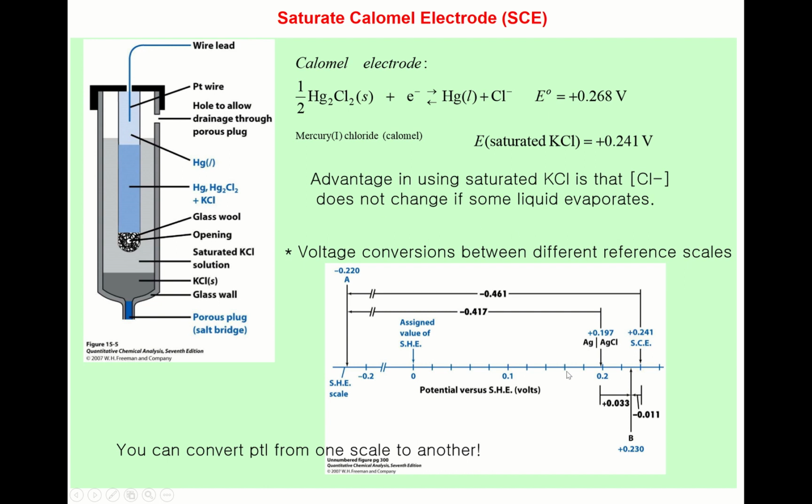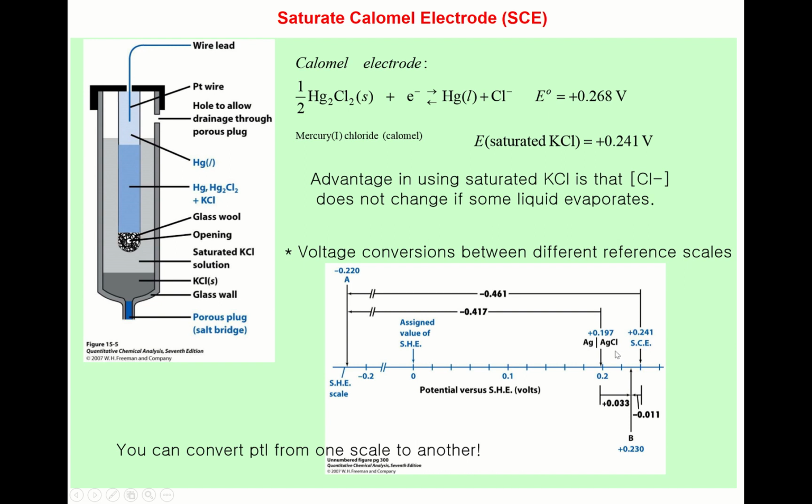Well, let's look at this scale. This is a potential scale, and here 0 is the SHE, the standard hydrogen electrode potential. The silver chloride potential is here, 0.197 volt, and the SCE potential is here, 0.241 volt.